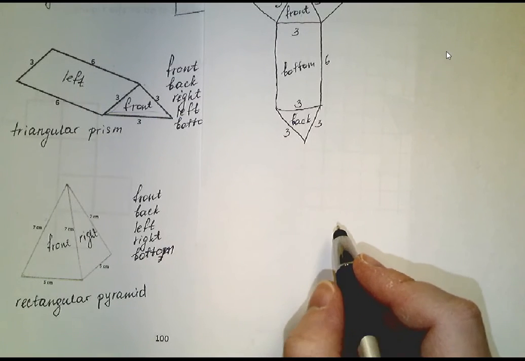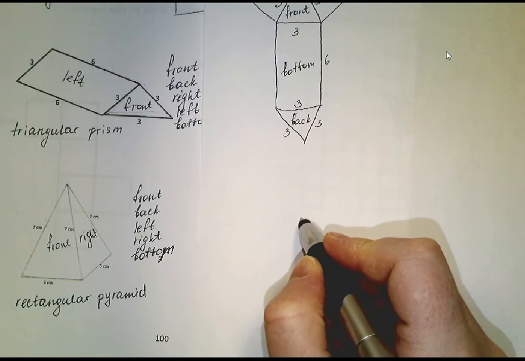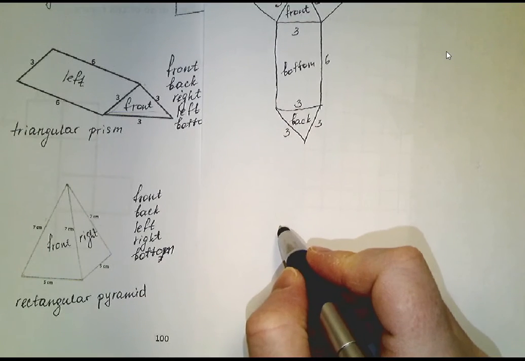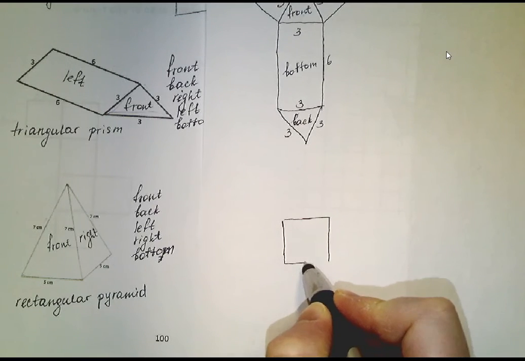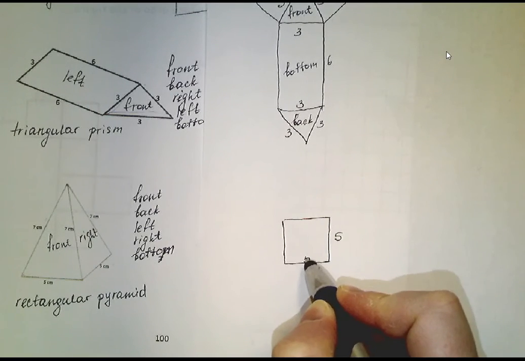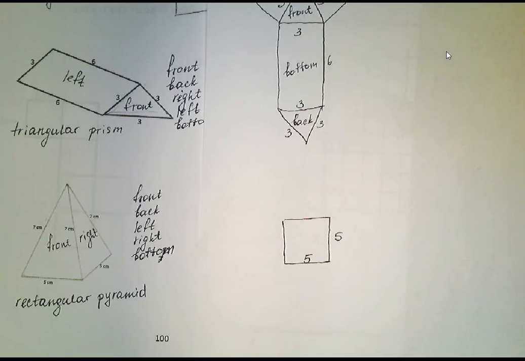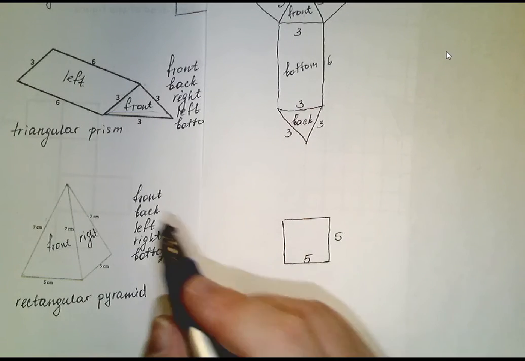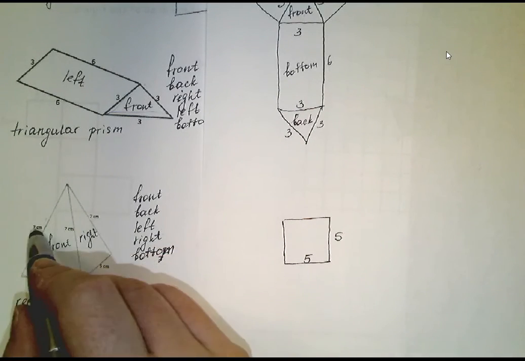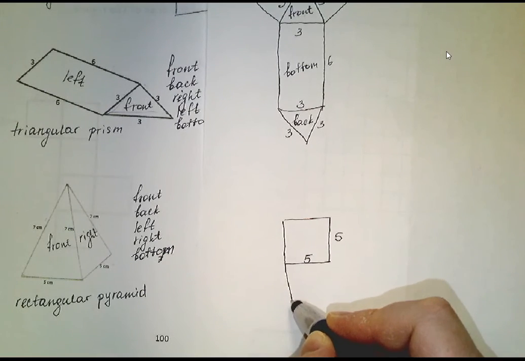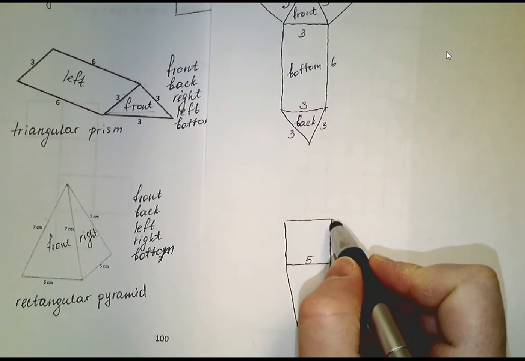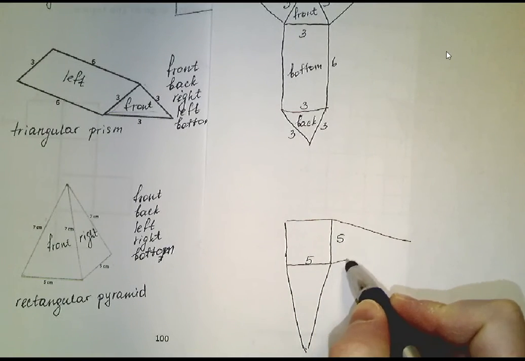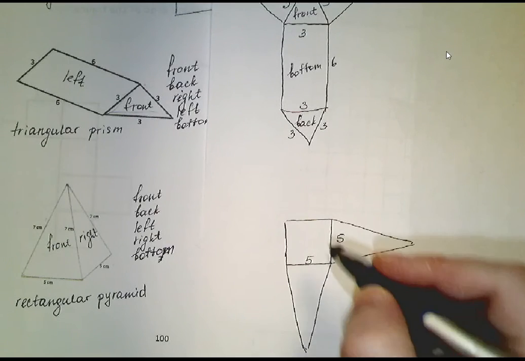I'm going to start actually with the rectangle with the bottom part. And it's 5 by 5 centimeters. So it's a square, 5 by 5. Okay, and then we will have the four sides made out of triangles, 7 centimeters long each. So I'm going to attach one to the bottom, and these have to be exactly the same, meeting in the middle.